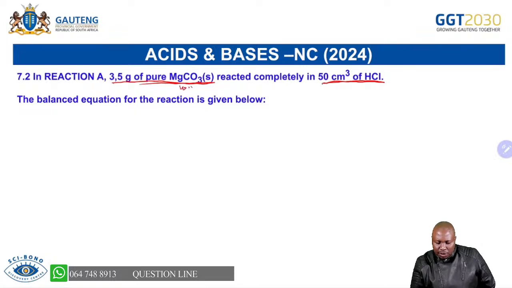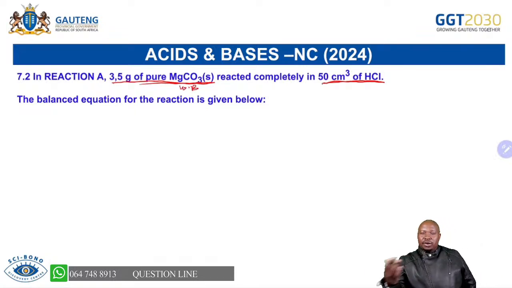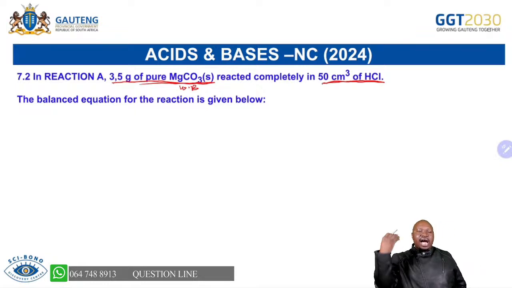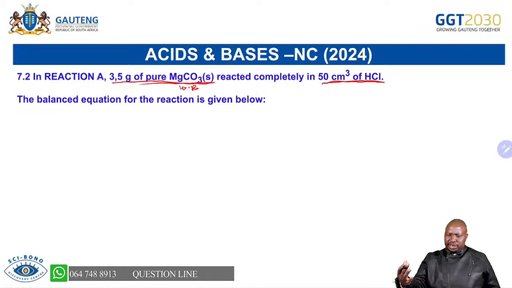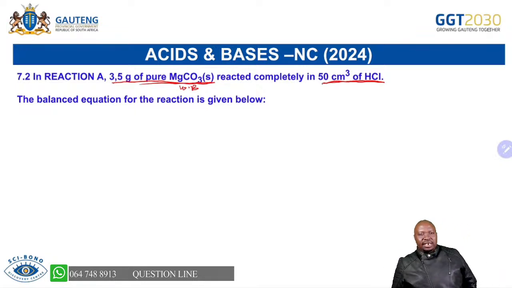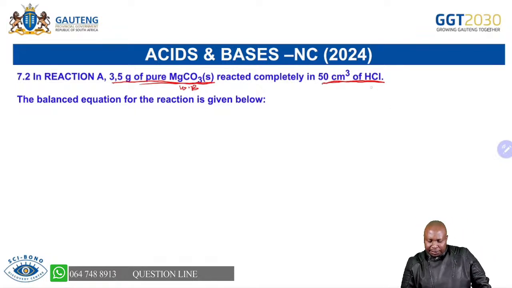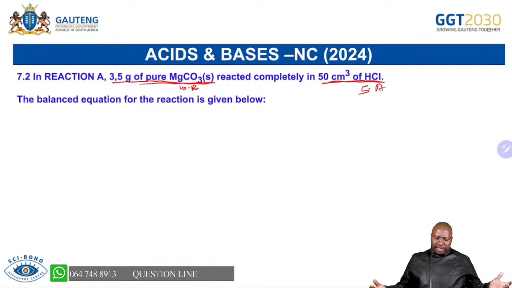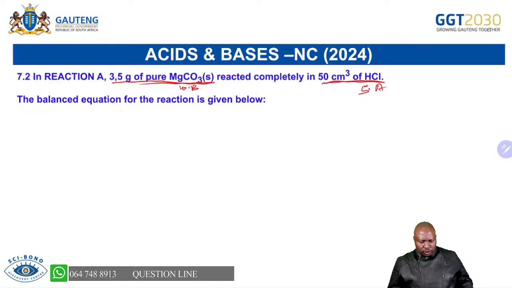Magnesium, all the carbonates, we said they are weak bases. Remember, the strong bases, we said, are the hydroxides. So magnesium carbonate, the carbonates, all of them weak bases. So we have a weak base and a strong acid. So it's important you always ask yourself, is this strong, is this weak? So that when you start answering the questions, you are talking to the real thing.